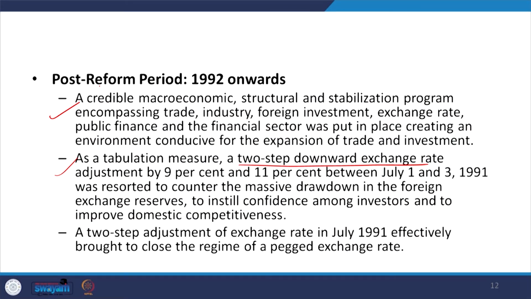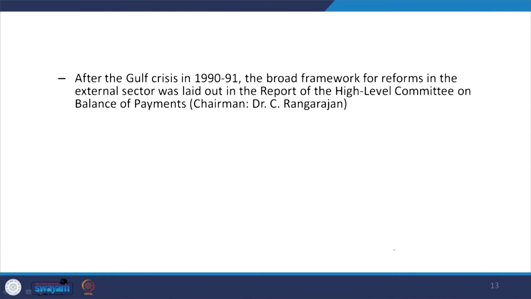A two-step adjustment of the exchange rate in July 1991 effectively brought to a close the regime of a pegged exchange rate. So, that was the period that brought the pegged exchange rate to a close. Especially after the Gulf crisis in 1991, the broad framework for reforms in the external sector was laid down in the report of the High Level Committee on Balance of Payments headed by Professor C. Rangarajan.